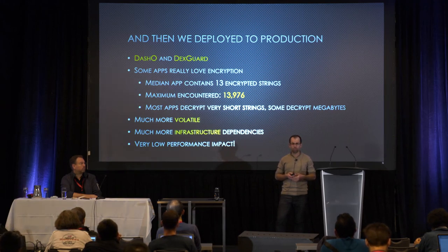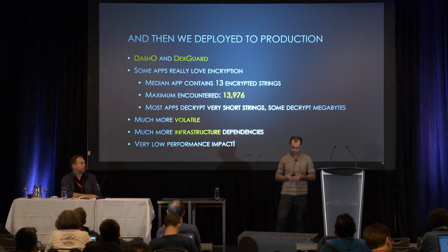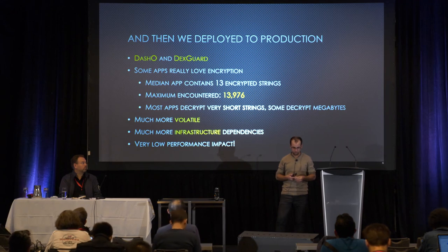So just a quick note about what happened when we deployed it to our production environment. First of all, it currently supports decryption of -O obfuscated apps and also some versions of DexGuard. Most apps we ran in production had just a few encrypted strings, but some of them had megabytes of encrypted string data, which really caused interesting performance issues for us at first.